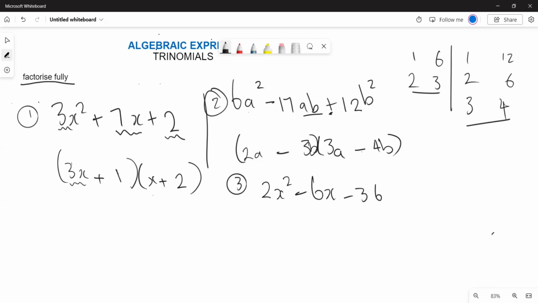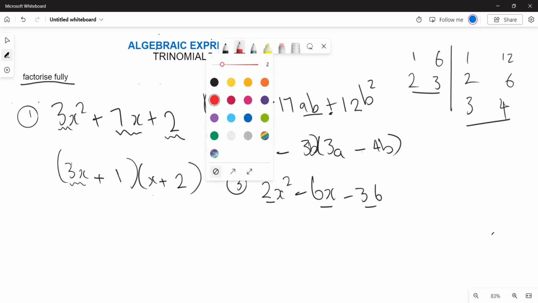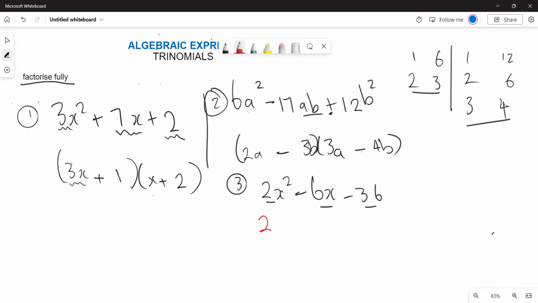For you to be able to factorize this, what you can do firstly here, can you see that 2 is common in all of this, right? Your 2 is common in all of this. So you can start by actually taking out the 2 as a common factor. What is it that you are going to be left with?